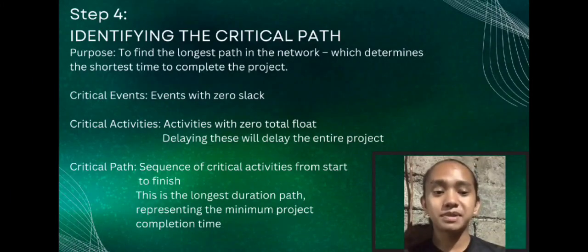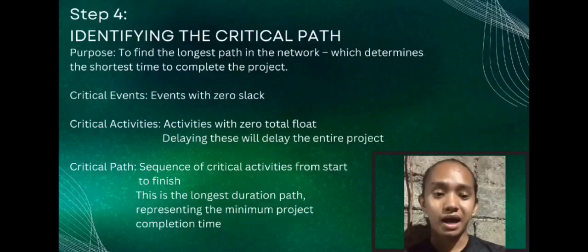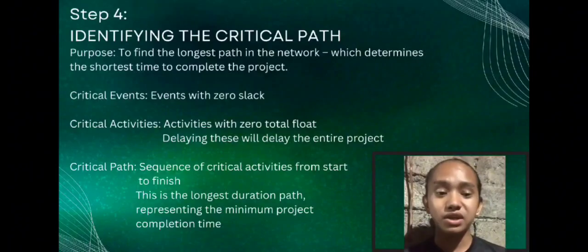These are specific tasks that also have zero wiggle room, what they call zero total float. If any of these tasks take longer than planned, your fiesta will be pushed back. For our fiesta, maybe booking the venue is a critical activity. If you delay that, you can't set a date.